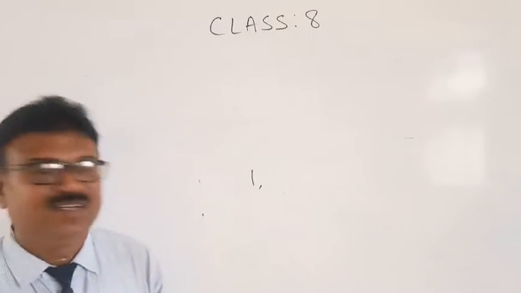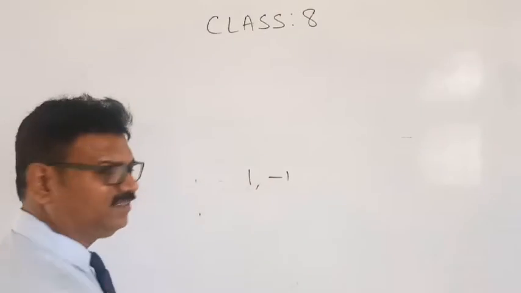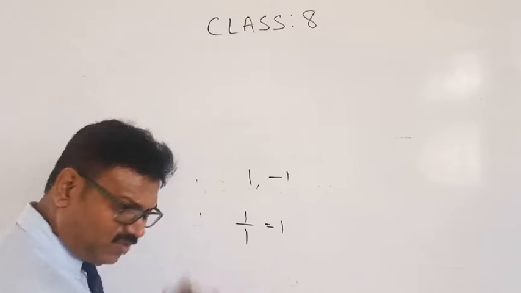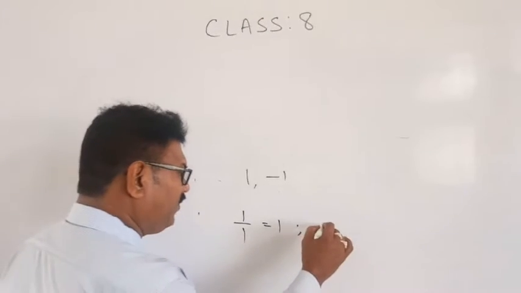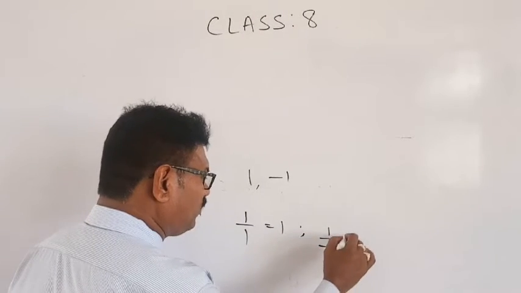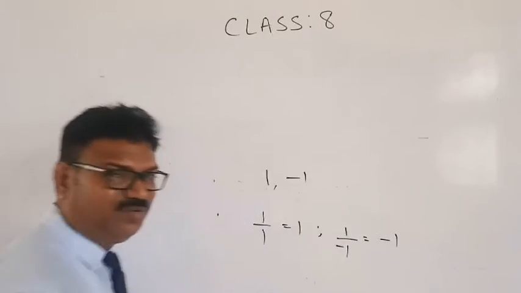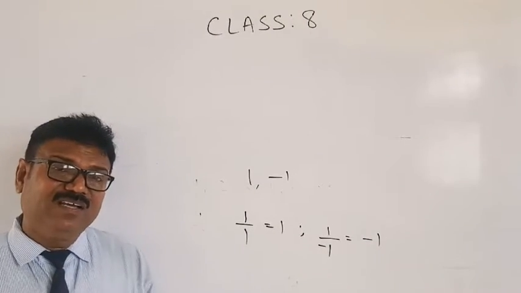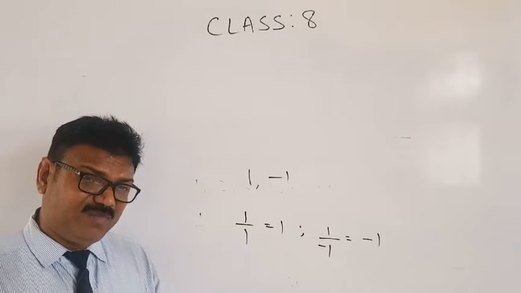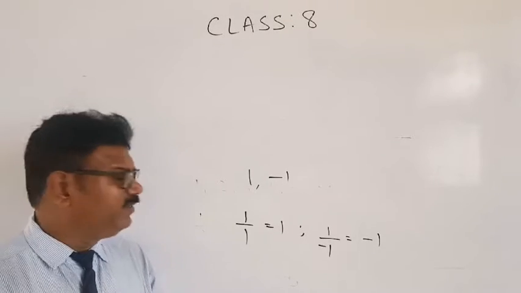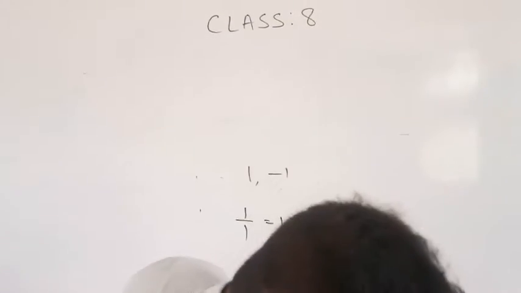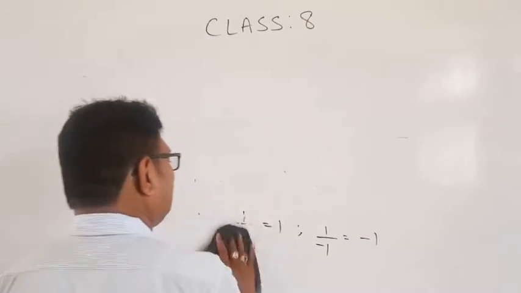Yes, minus 1. Because 1 by 1 is equal to 1 only. If you do 1 divided by minus 1, it is also equal to minus 1 only. Therefore, the numbers equal to their reciprocals are 1 and minus 1 only. Very good. Now understood?